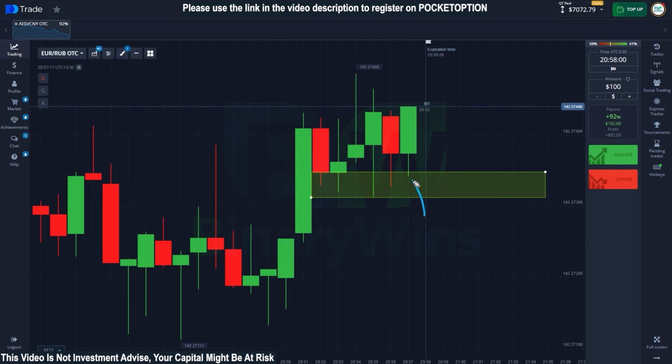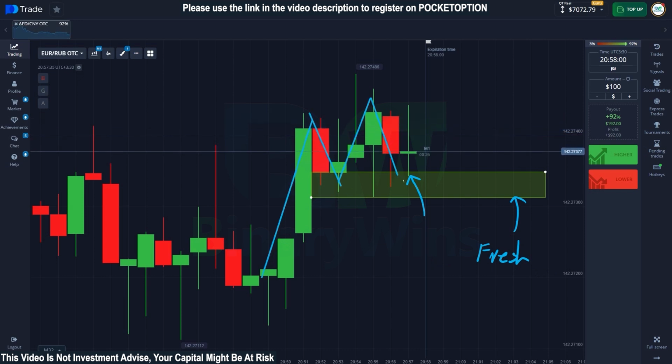However, the candle then moved higher. This is our fresh level in the uptrend. Okay?